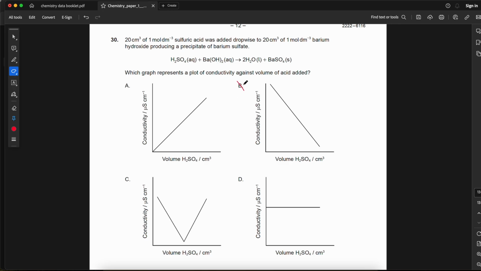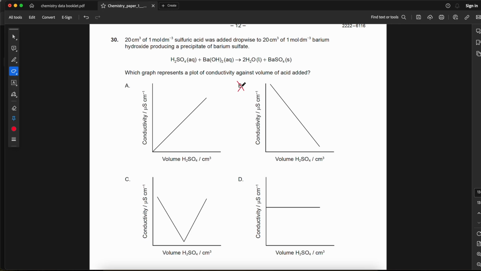It will be graph B. It indicates a decrease in conductivity as more sulfuric acid is added. The more precipitation of barium sulfate is produced, this precipitation will remove ions from the solution, so the conductivity will keep decreasing.